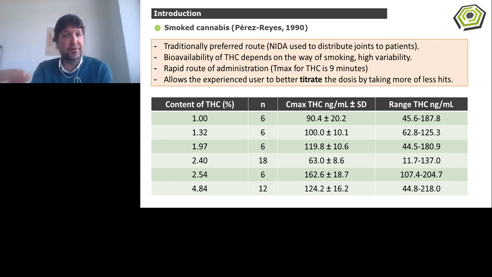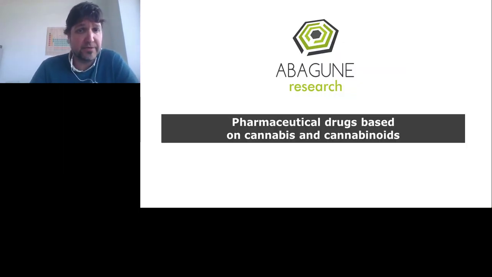However, this is the preferred route of administration for many users, especially experienced ones who can, depending on the way of smoking, control the amount of THC that gets to their bloodstream, and therefore the efficacy of the treatment.